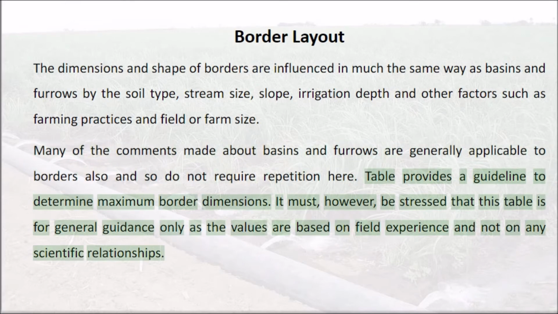Table provides a guideline to determine maximum border dimensions. It must, however, be stressed that this table is for general guidance only, as the values are based on field experience and not on any scientific relationships.